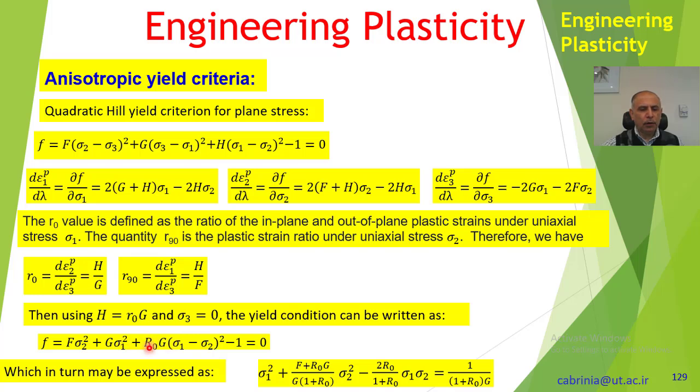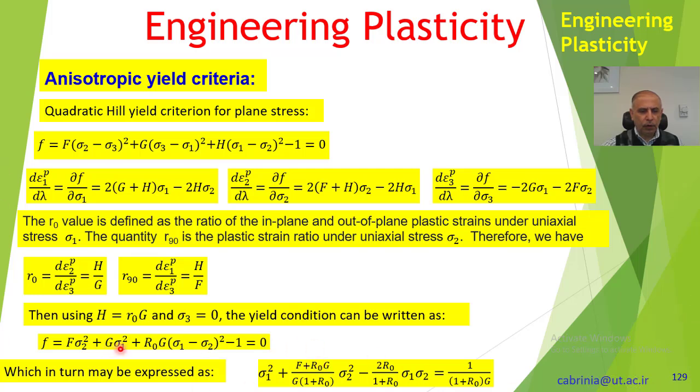So sigma 1 squared times R0 plus 1 times g. So g times 1 plus R0 comes in the denominator, and for sigma 2 we have f sigma 2 squared, and here we got R0 g sigma 2 squared, positive. So we get f plus R0 times g, so we get this on the numerator.